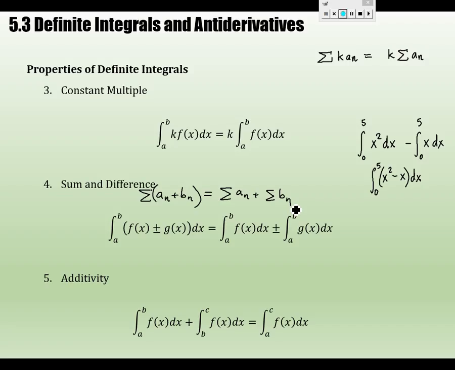The sum of the parts equals the whole is basically all that's saying. So many of these are not necessarily rocket science, but they are properties that you'll be using, and you need to be aware that you are allowed to use them. Okay?